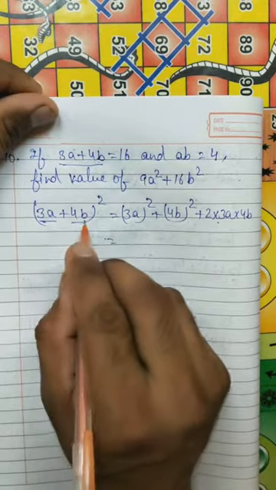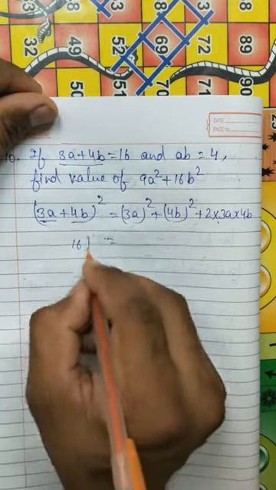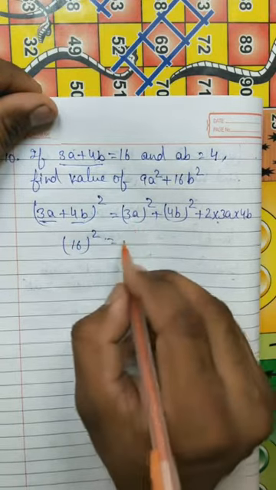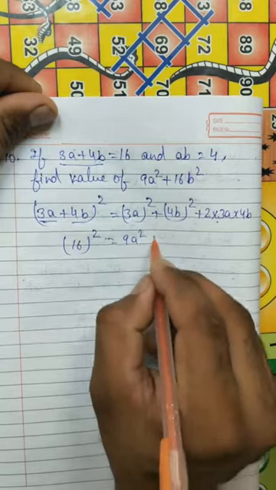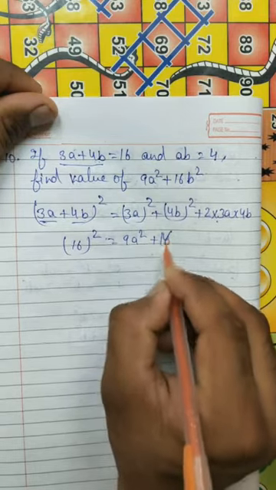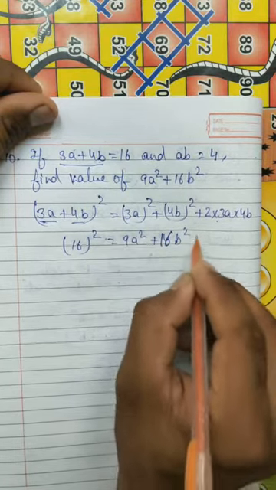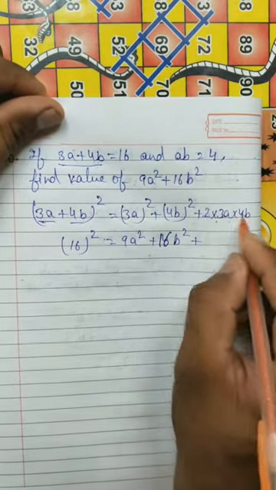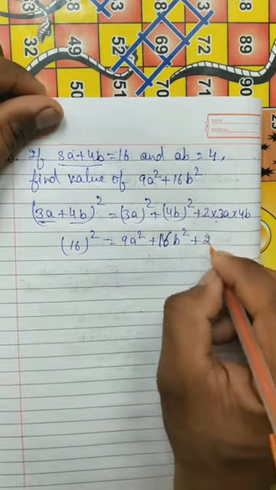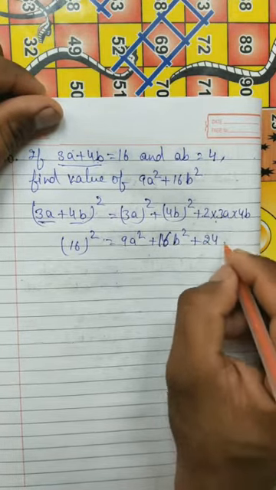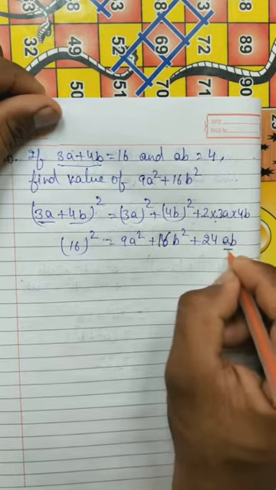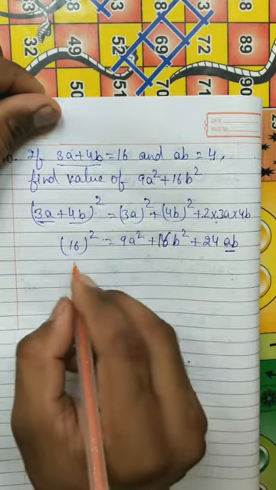Here we have the value of this, that is 16, we are putting here, and this is 9a square plus 16b square plus 2 times 3 is 6, 6 times 4 is 24, ab. We have the value of ab as well, that is 4, we are putting here.